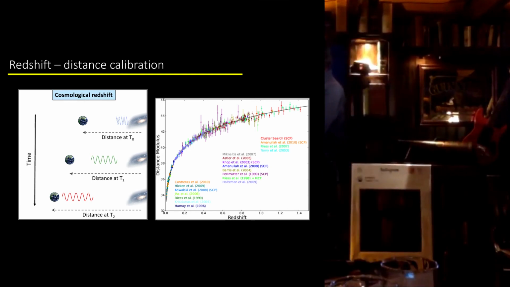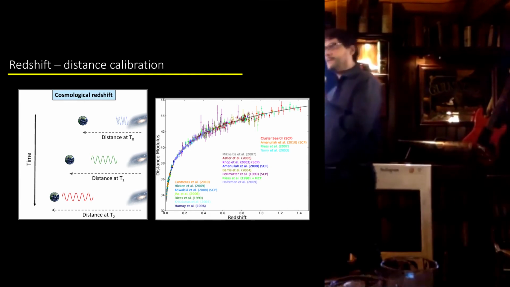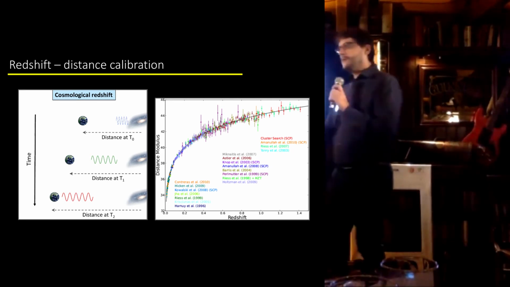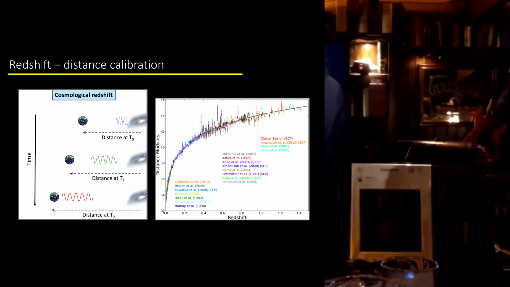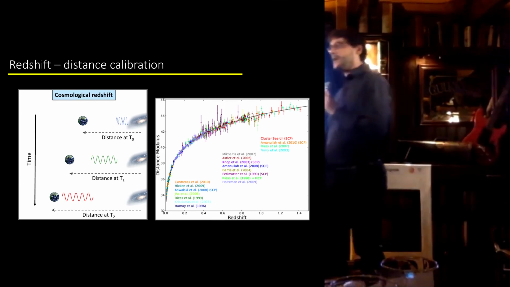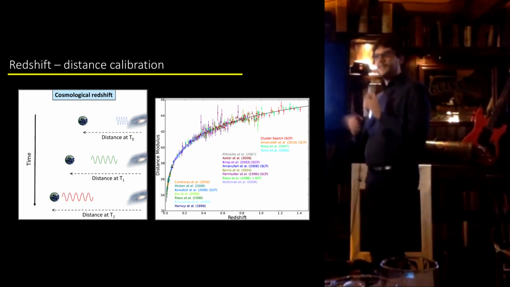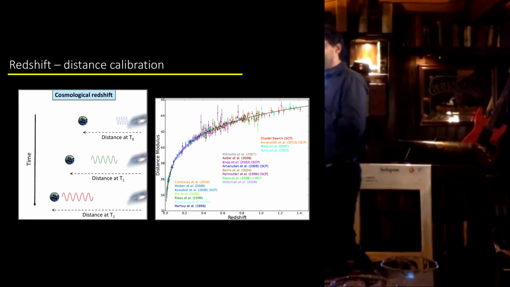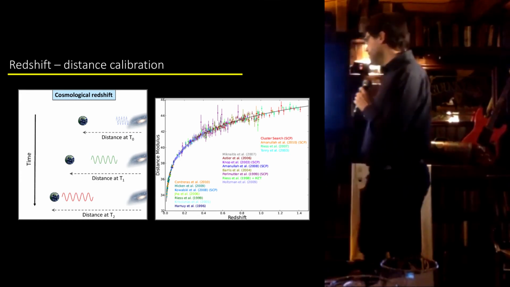So if the Earth was there, you would observe it at a given wavelength that is not the original one. And if you put the Earth even further, with more expansion, it's stretched even more and has an even larger wavelength, which means in the optical, it appears redder. So these blue photons become redder, thus the name redshift, the cosmological redshift.